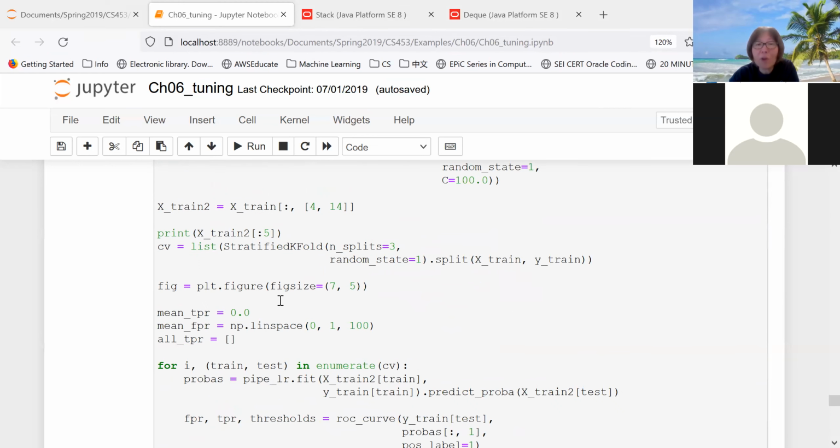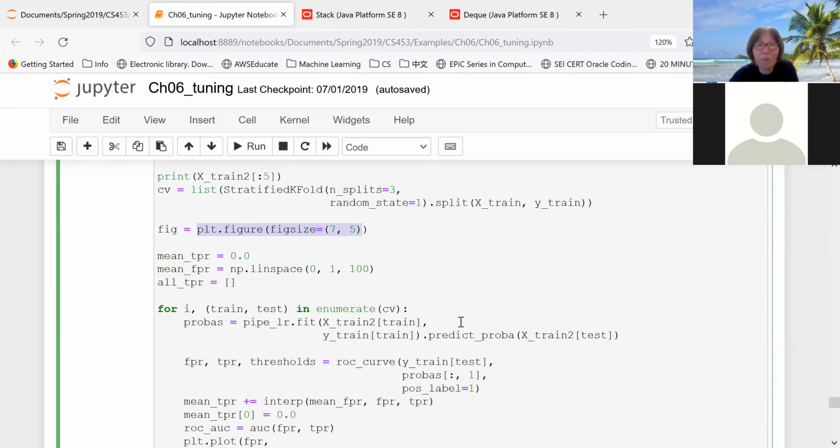The next part is the plotting, where we collect the true positive rate and the false positive rate. Because we have different folds, over here it does a loop for each fold, because we do k folds and want to collect information regarding each fold.